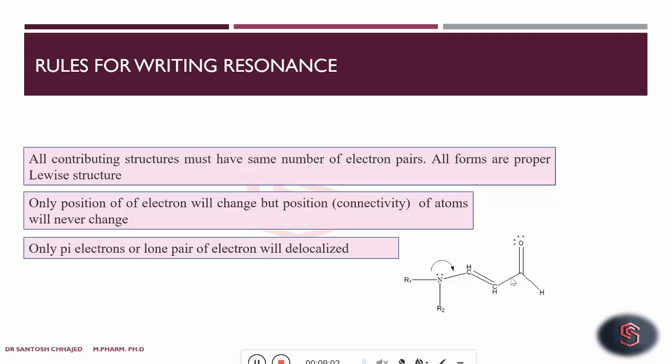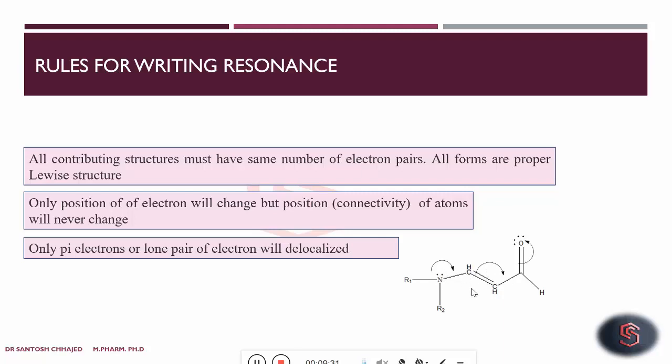Now when the pi electrons become migrated, the CH, this one particularly, will become electron deficient, and when deficient it accepts the electron pair which was there on the nitrogen earlier in the form of a lone pair. If the lone pair of electrons is not available over here, migration of this pi electron is never possible. So this delocalization is supported by the lone pair of electrons present on the nitrogen.